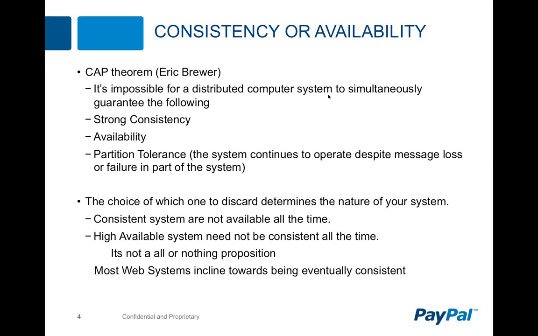Most web systems will take the path of being highly available and choose what we call eventually consistent. When we say eventually consistent, it doesn't mean it will happen the day after tomorrow or two days from now. In an eventually consistent system, the order of consistency is sometimes seconds or milliseconds or maybe minutes.